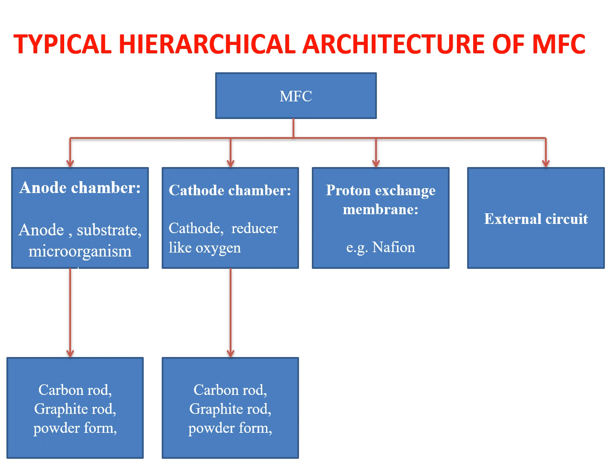An example of the proton exchange membrane can be Nafion. Now, the anode is made up of carbon rod, graphite rod, or can be in a powder form as well. Similarly, the cathode can be made up of carbon rod, graphite rod, powder form, etc.